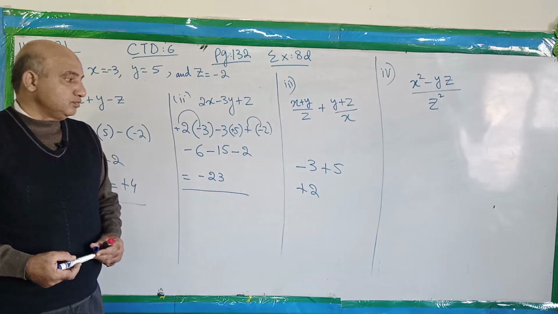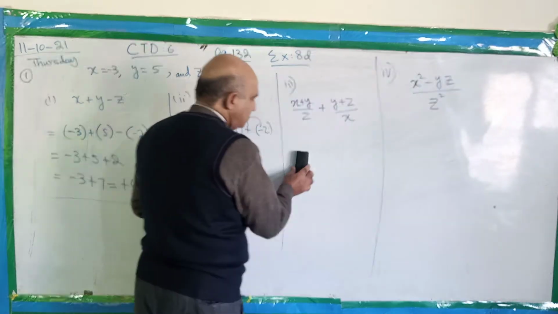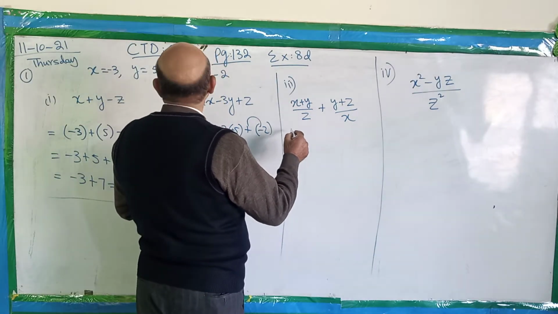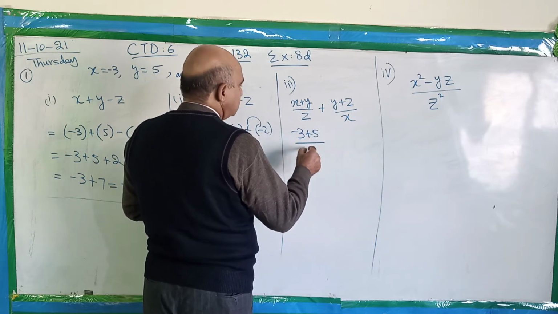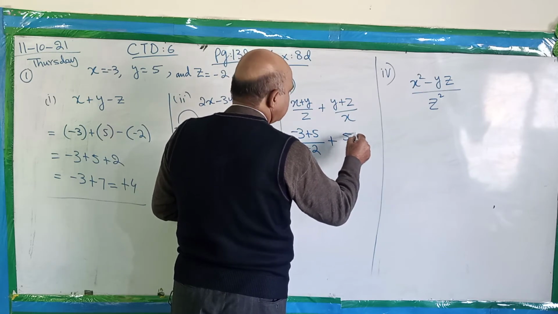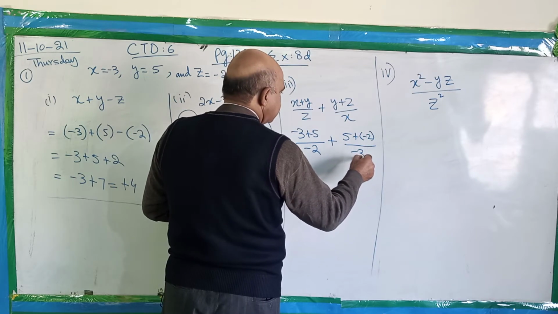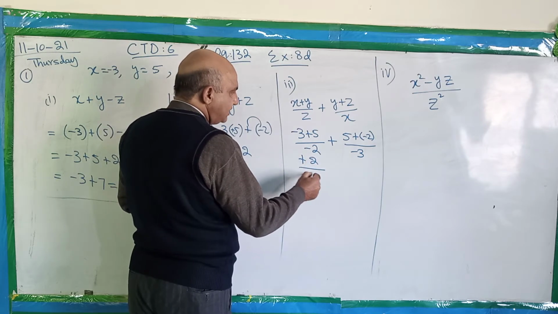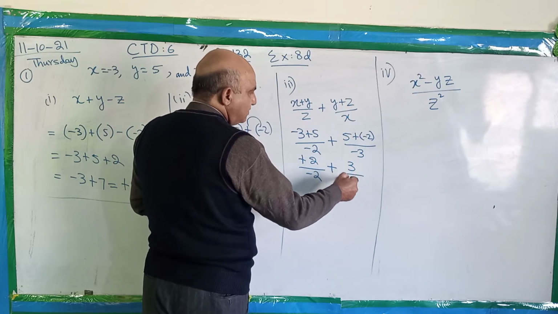Yes, sir. This is a confusion, mostly students get confused in such things. Now, in the next question, x plus y plus z, we'll just substitute values: minus 3 plus 5 over minus 2 plus 5 plus minus 2 over x is minus 3. So look here, minus 3 plus 5 plus 2 over minus 2 plus here 5 minus 2, 3 over minus 3.